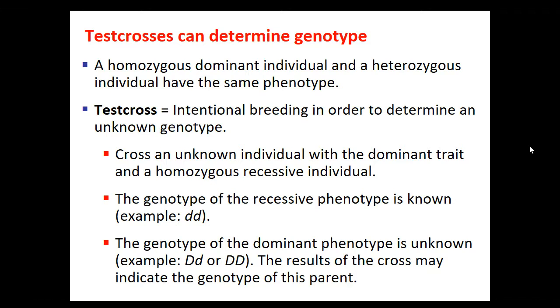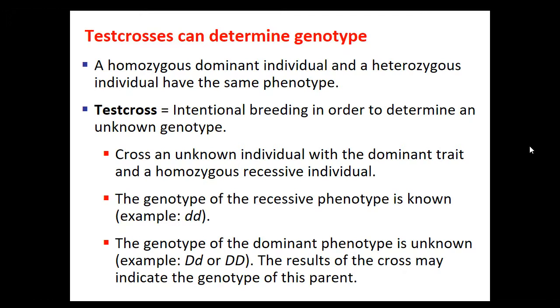But if it was big B, big B, then this kid gets one allele from each parent. This kid would have to have a big B. It would have to be big B, little b. We did that cross earlier, right? Big B, big B crossed with little b, little b. They would all be big B, little b. So we know if they have any kids, they're big B, little b.